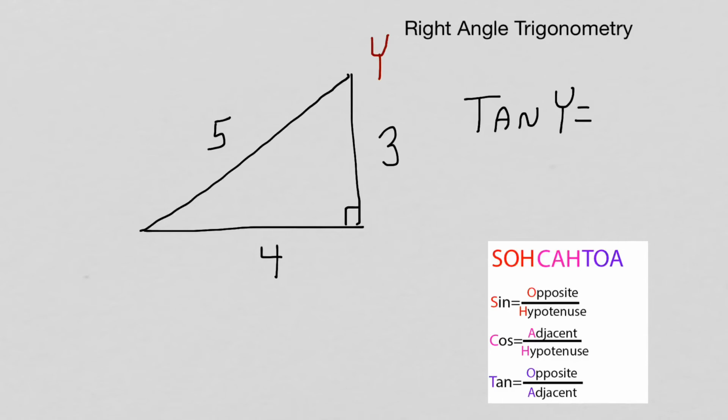Now we're looking at tan y. We're going to use this identity down here, which is opposite over adjacent. So first thing we want to do is look and see where our angle is, and then we're going to find the side that's opposite. The side opposite the y is the 4. So that's going to be on top.